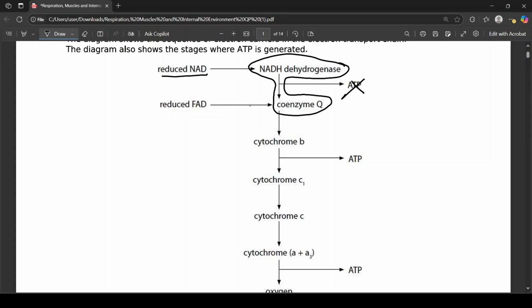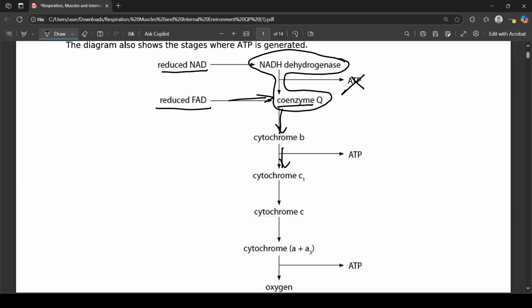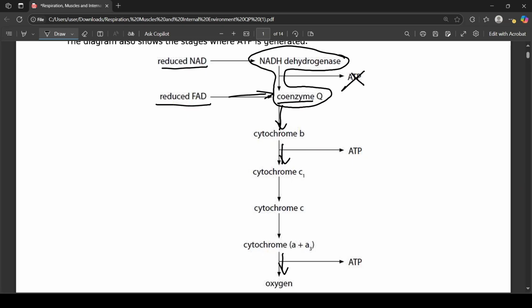But reduced FAD still gives a proton to coenzyme Q, right? This coenzyme Q still gets a proton from reduced FAD. So then this chain continues, and our final oxygen accepts an electron, and thus at least some ATP will be made. These two ATP will be made.